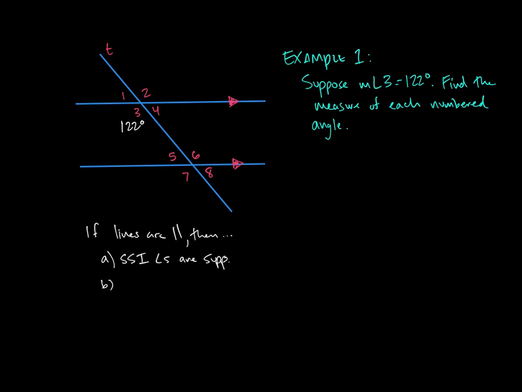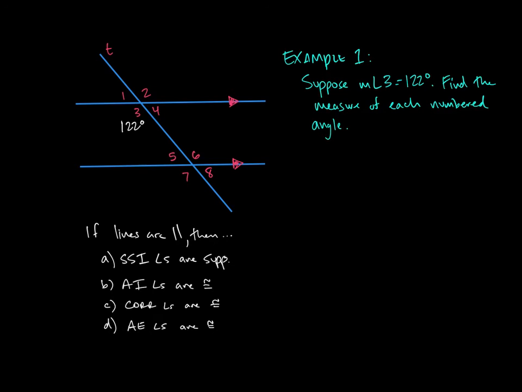We learned that alternate interior angles are congruent, we learned that corresponding angles are congruent, and lastly, we learned that alternate exterior angles are congruent. So let's put those ideas to use here.